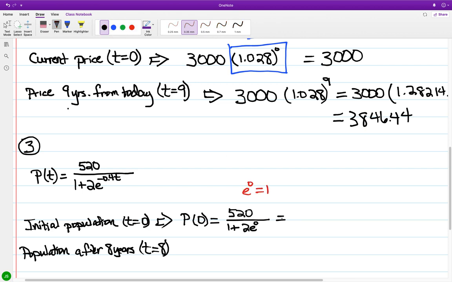And so in this case you have 520 over 1 plus 2. So we have 520 over 3.